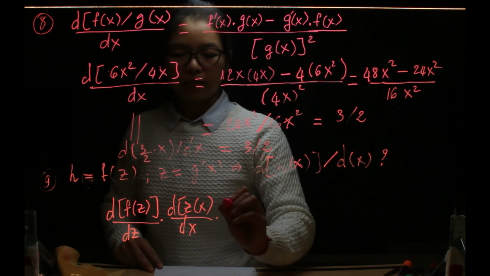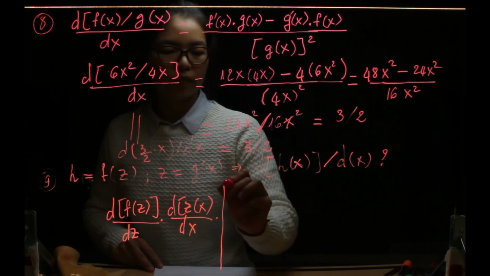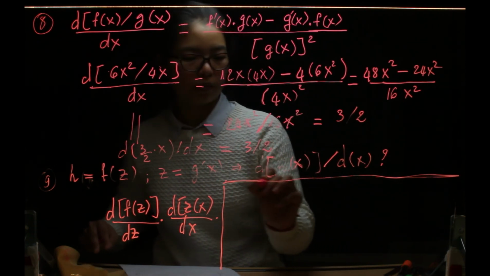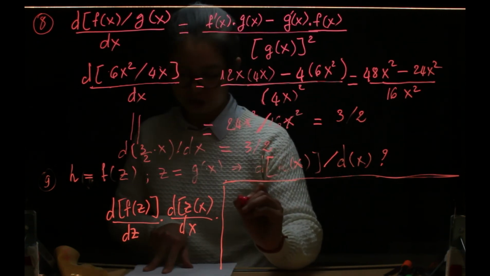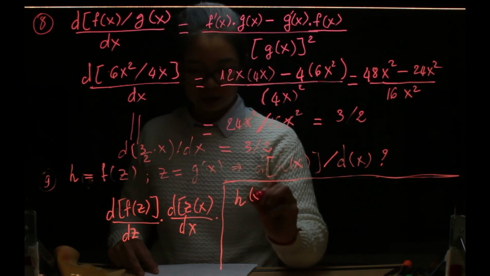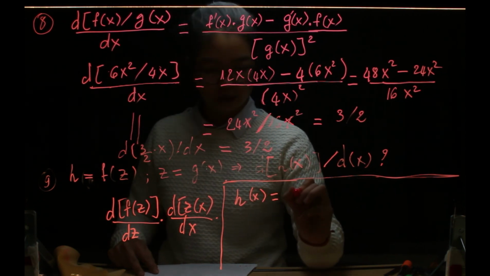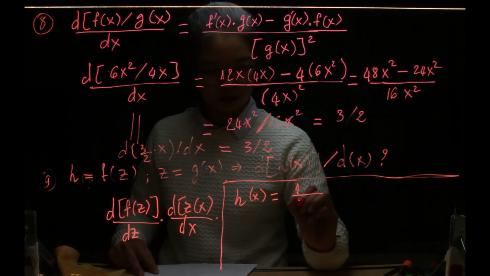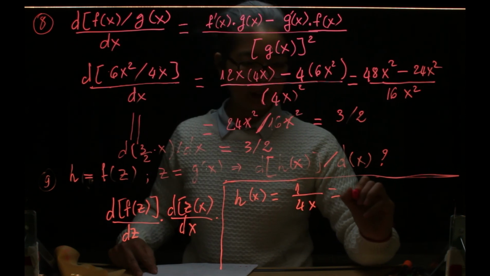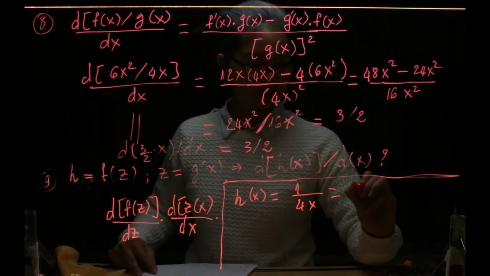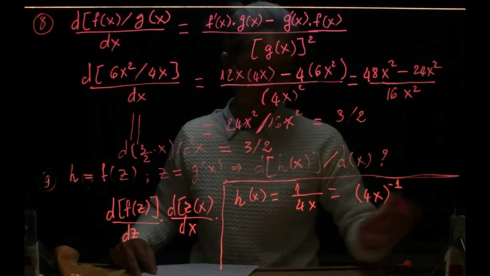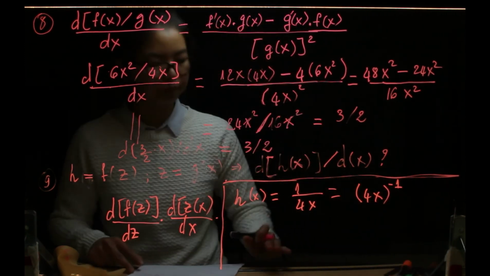So let's say imagine we have a function like h equal to 1 over 4x. We can actually rewrite it in a way that equals (4x) to the power of minus 1 when we bring it up to the numerator.